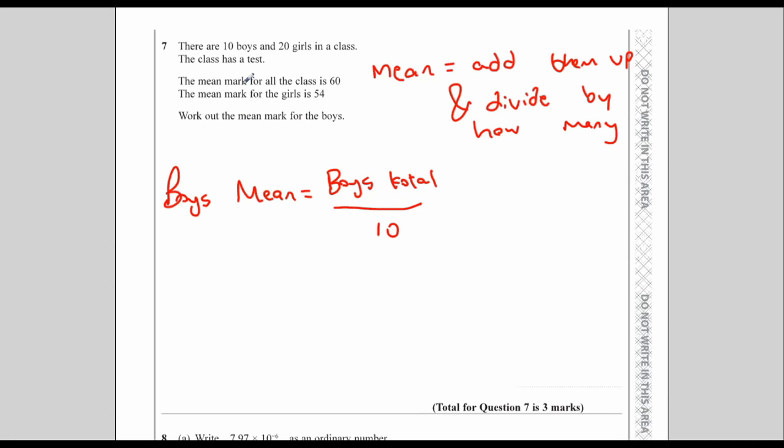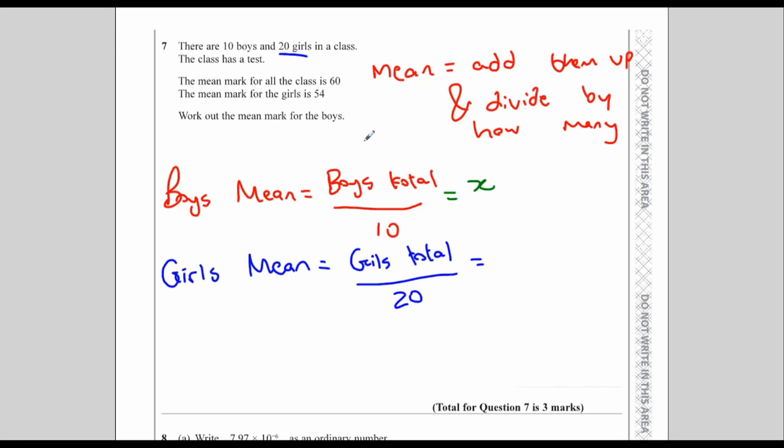We don't know the mean mark for the boys yet, so let's call it x. Girls mean is girls total divided by how many there are, and there's 20 girls. The mean mark for the girls is 54.